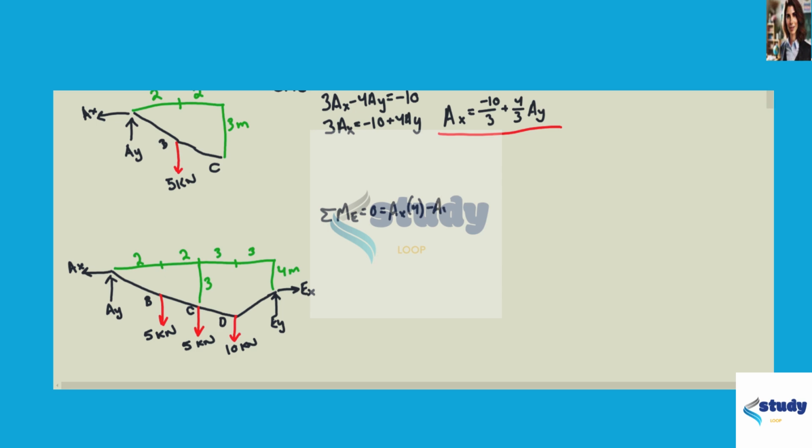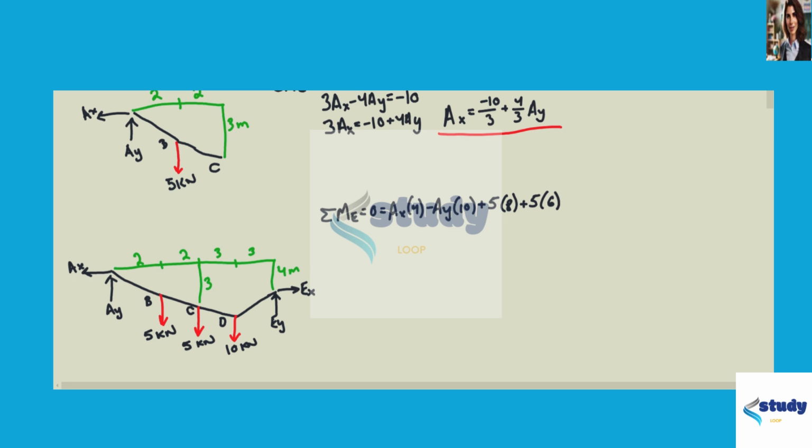Subtract AY times 10, because there is 10 meters in the horizontal direction between A and E, plus 5 times 8, and this is the force at B. The force at B creates a positive moment around E because it's in the counterclockwise direction, and it is times 8 because there is 8 meters in the horizontal direction between B and E. We're going to plus 5 times 6.